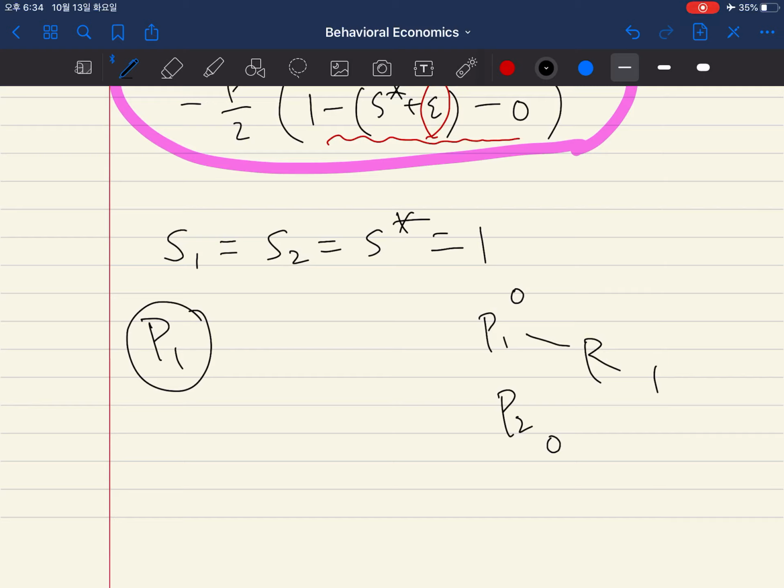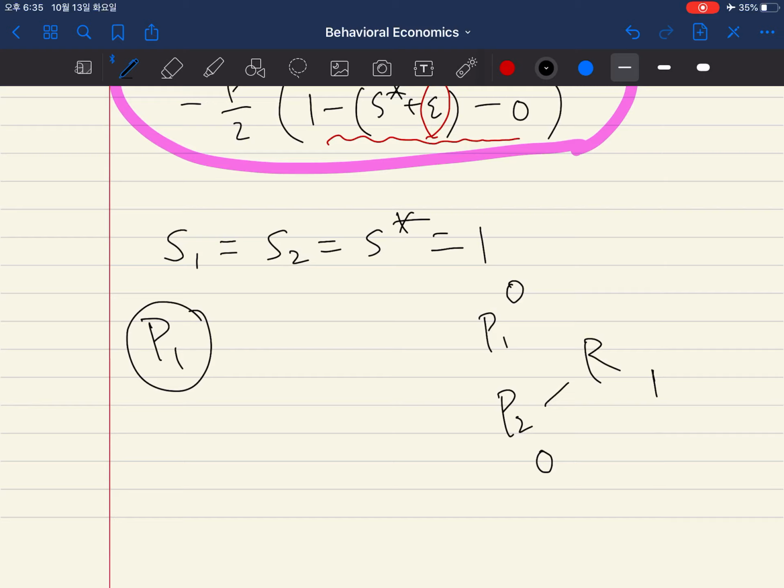What if second proposal's offer is accepted? In that case, second proposal and responder are gonna share the resource, and responder is gonna get 1, second proposal is gonna get 0, and first proposal is gonna get 0. And we can see that in this case, resource allocation is the same regardless of whose offer is accepted.